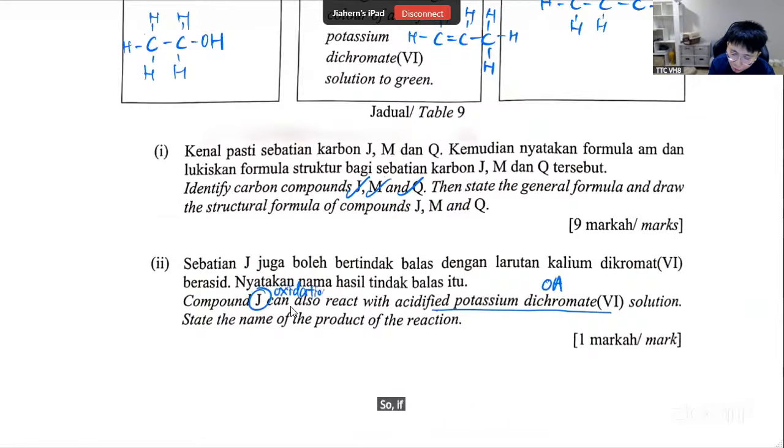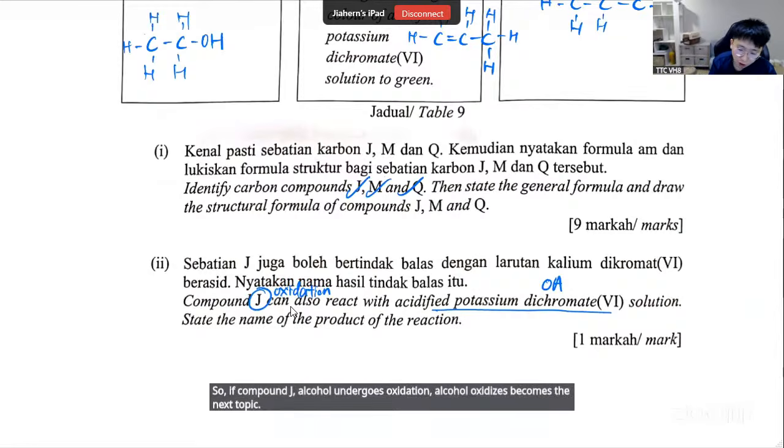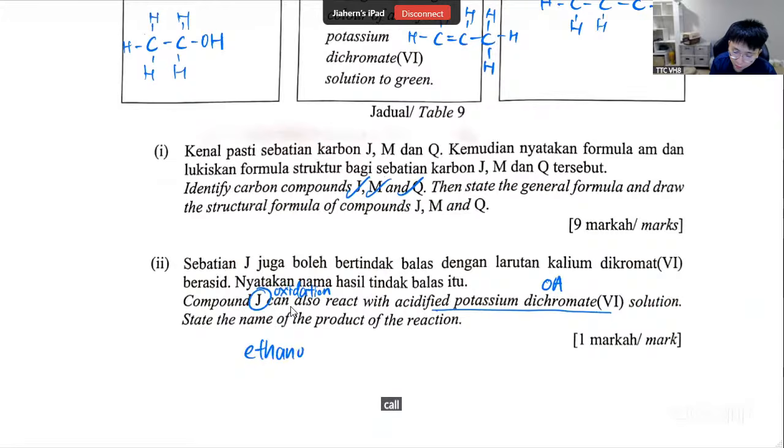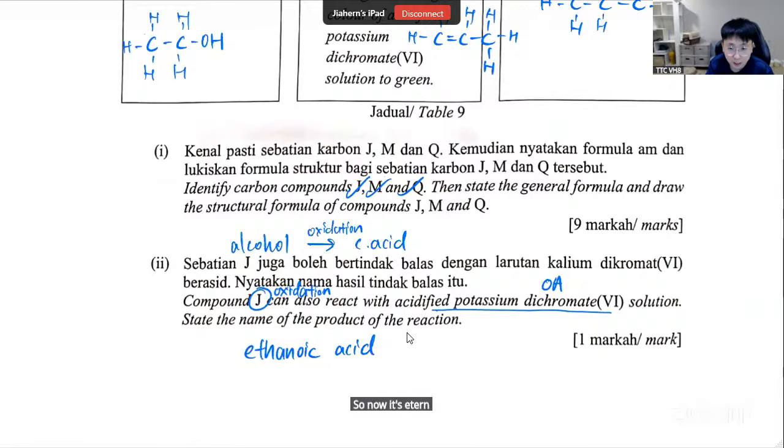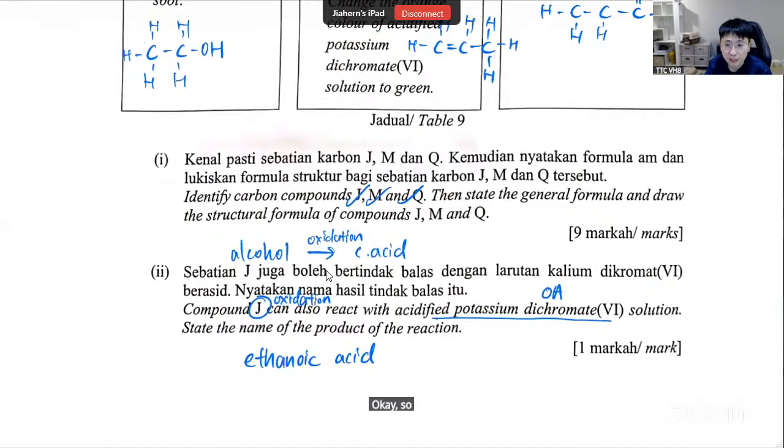When alcohol is oxidized, ethanol becomes ethanoic acid. So the idea is alcohol becoming carboxylic acid is oxidation. So now ethanol becomes ethanoic acid.